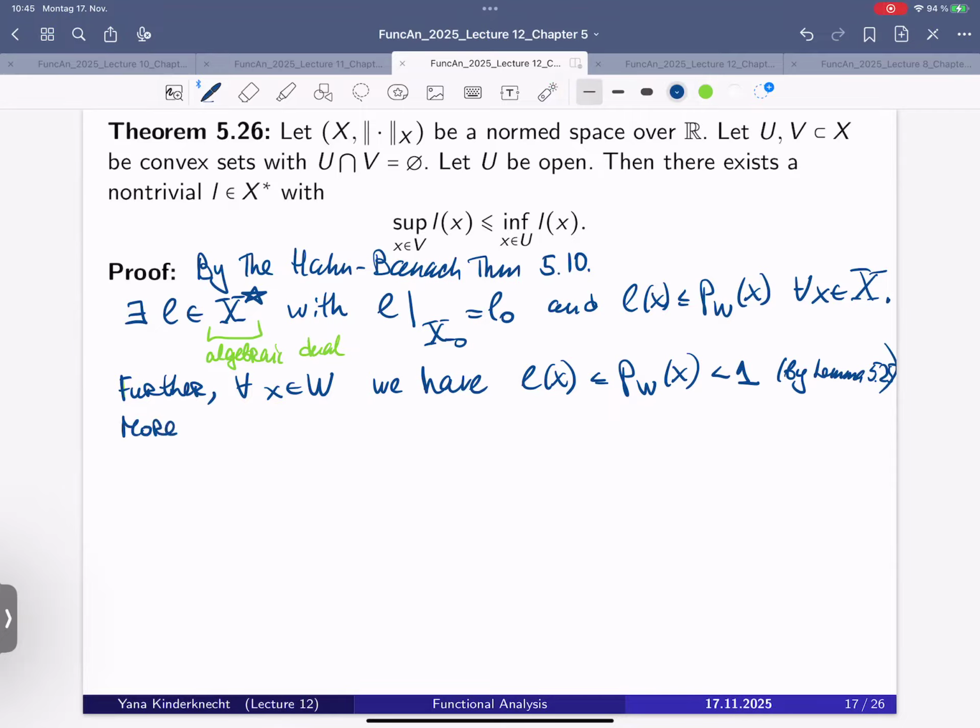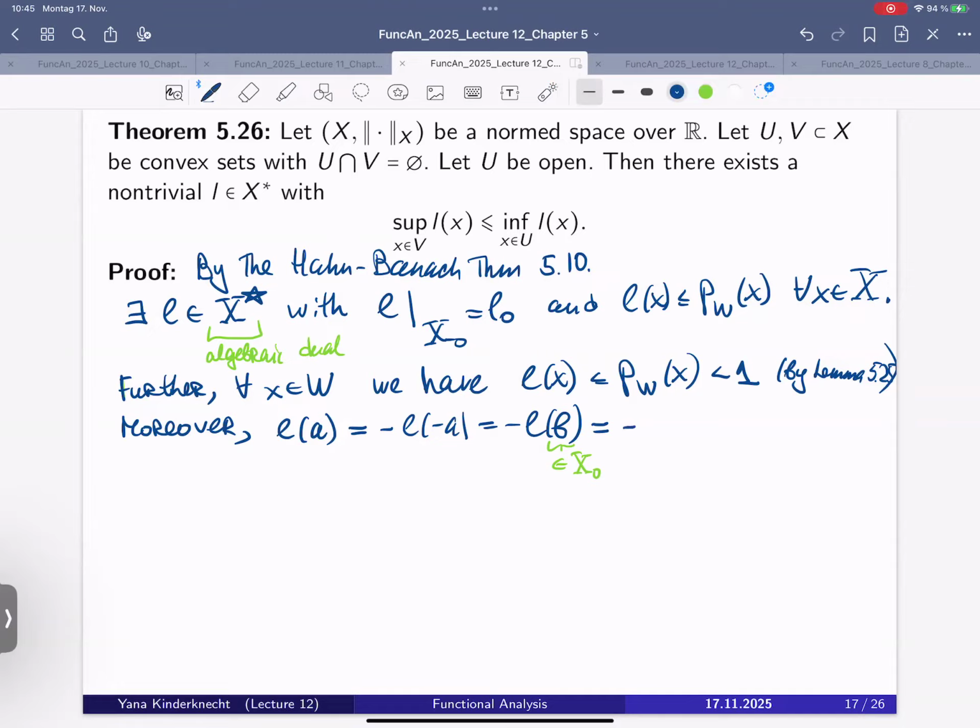Moreover, if we consider L of A, using the linearity, it is the same as minus L of minus A. That is, this is minus L of B. That is by definition, so B belongs to my subspace X0. Hence we know how this L acts on this point.